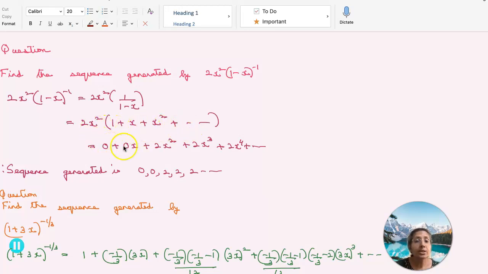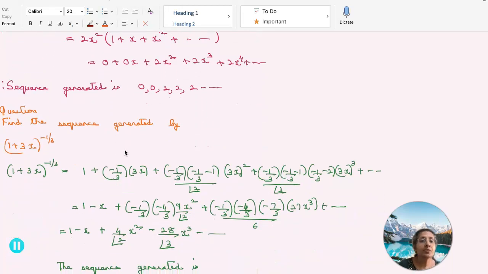So we can write this as 2x squared + 2x cubed + 2x^4 and so on, and there is no term in x, so the constant term is also 0. So the sequence generated will be 0, 0, 2, 2, 2 and so on. Why do we write 2 zeros here? To compensate for the constant term and the coefficient of the term in x.